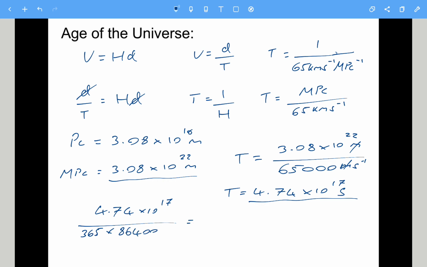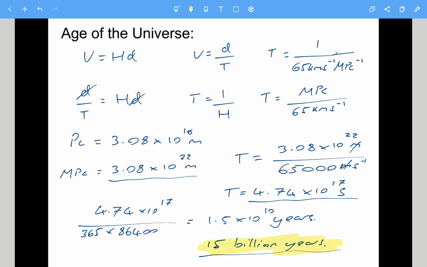And that'll give you it in years, which is 1.5 times 10 to the power of 10, or 15 billion years. All right, so make sure you know that. That comes up often.